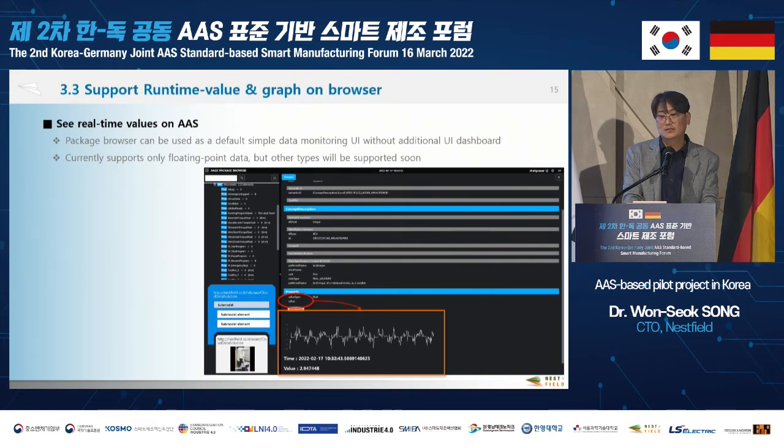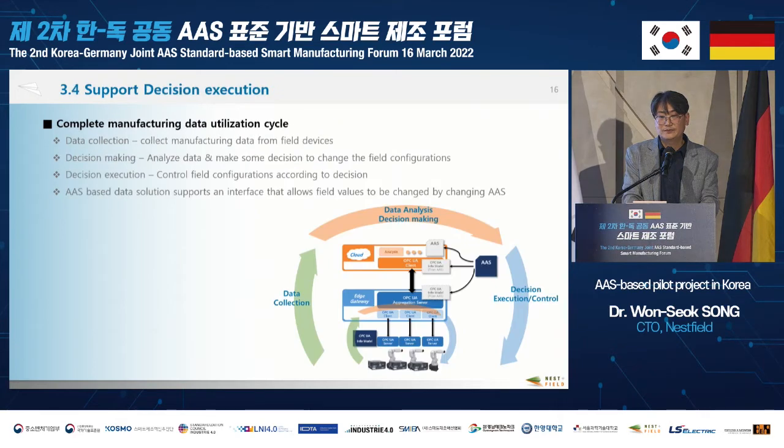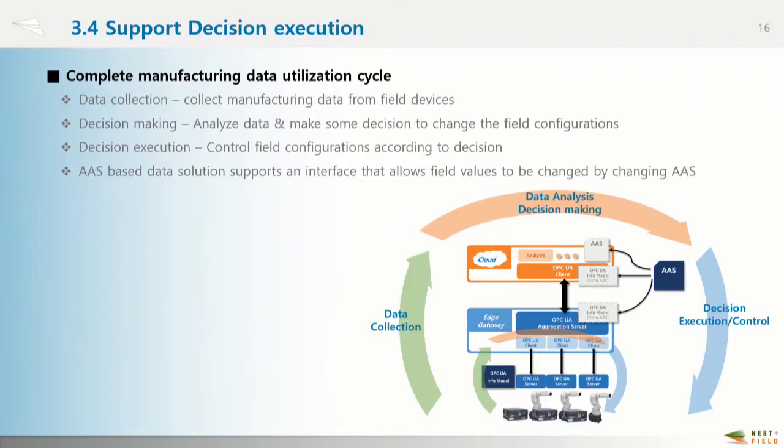You don't have to toggle around and you can see the flow of the data, whether there is any abnormality or not. When you are using this kind of solution on the shop floor, this can be a really convenient one to the operators.